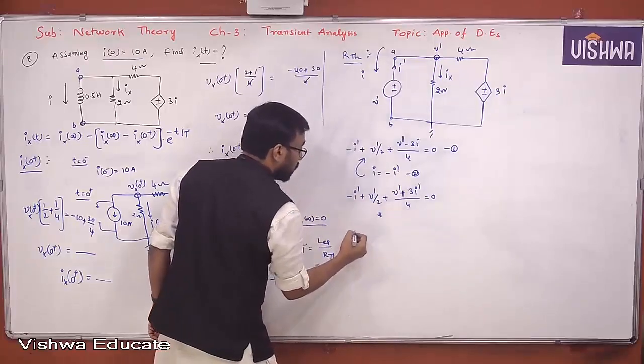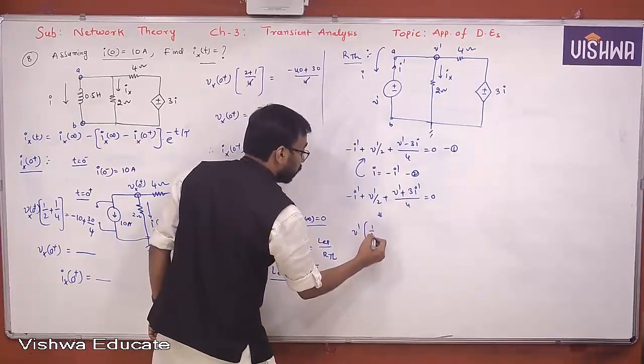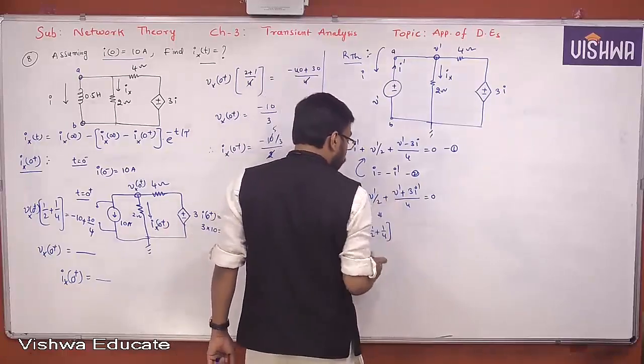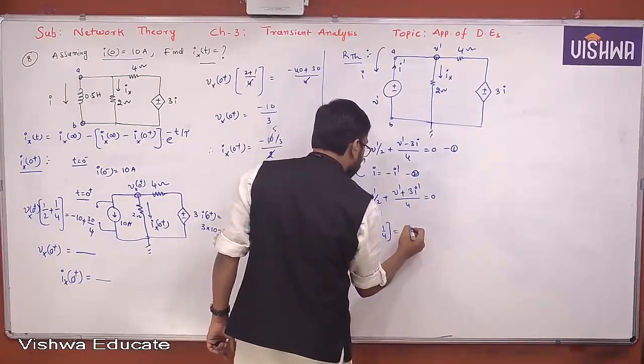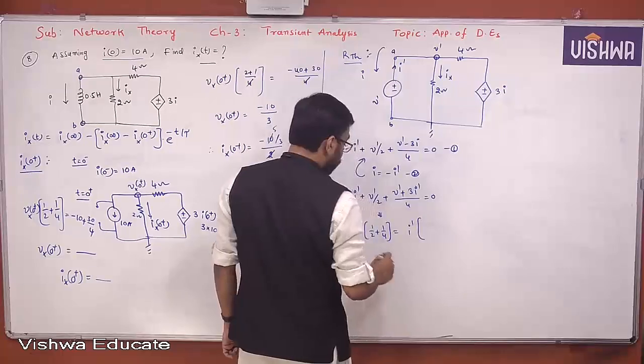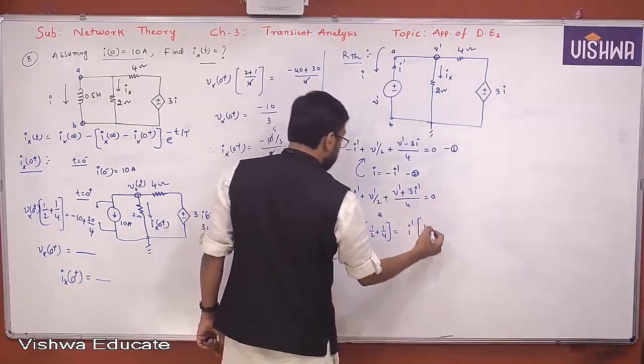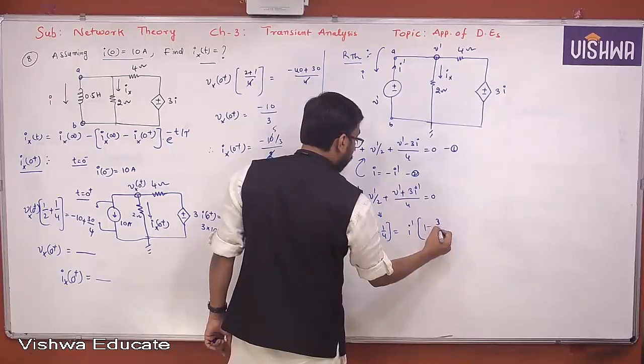From this, I can say V dash of 1 by 2 plus 1 by 4. Now here I dash of, minus will become plus, that is 1, plus will become minus, that is minus 3 by 4.